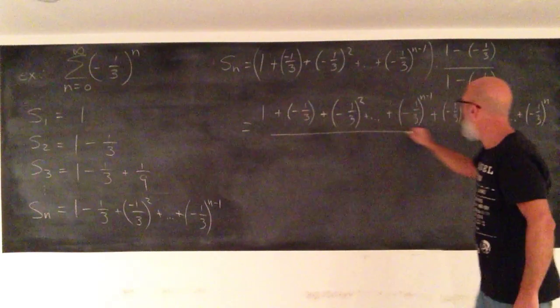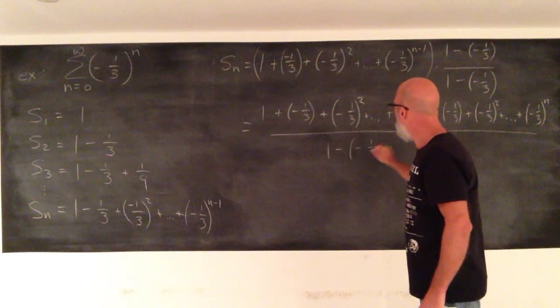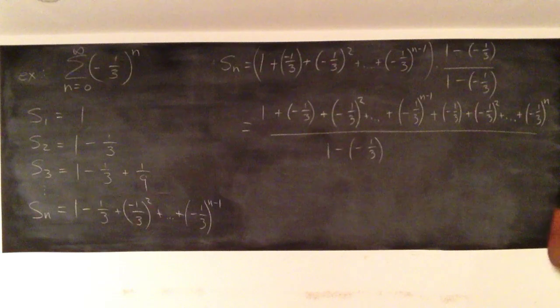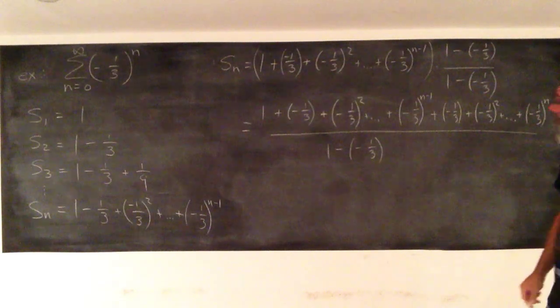The whole thing over 1 minus negative 1/3. And again, you have this telescoping sum idea.